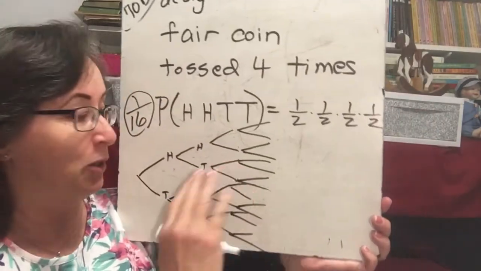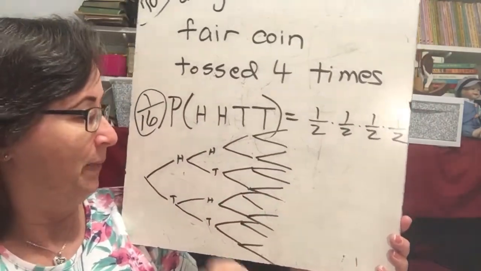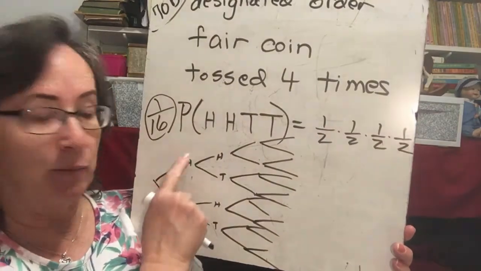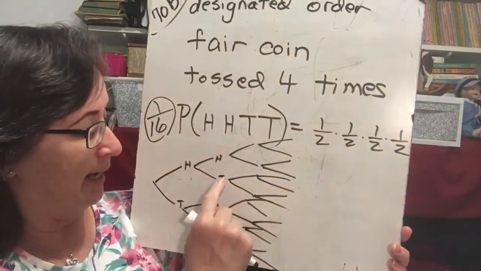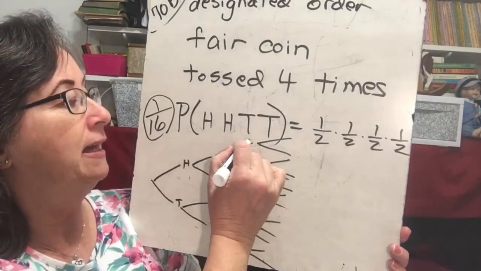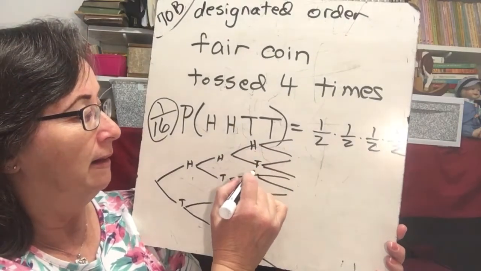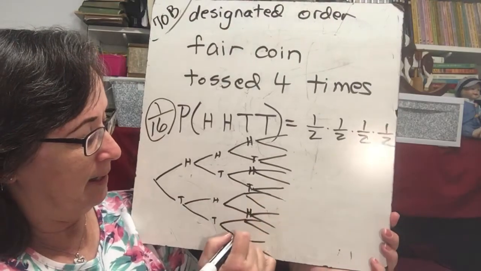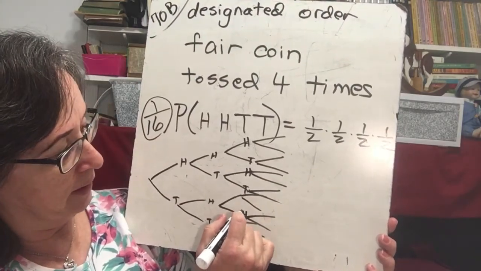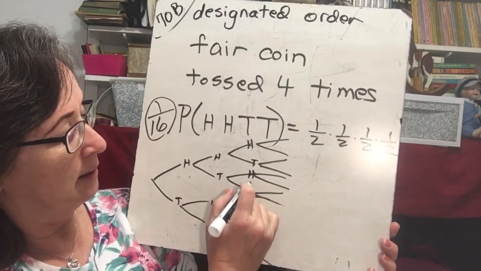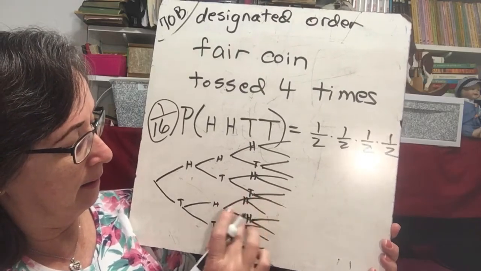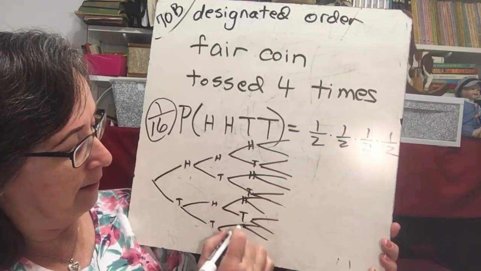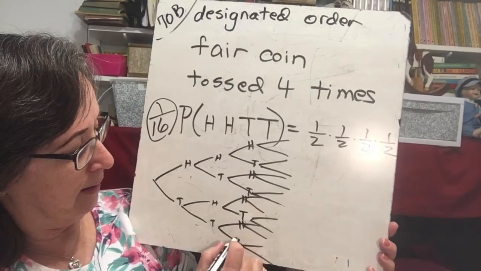Now we're going to do a little tree diagram. Okay, so the first flip was a head or a tail, and then a head, tail, head, tail, and so on for each branch.